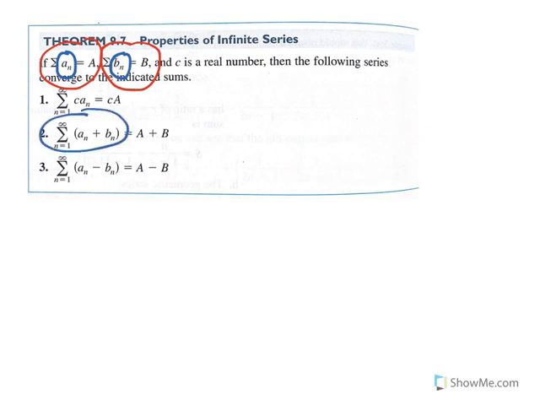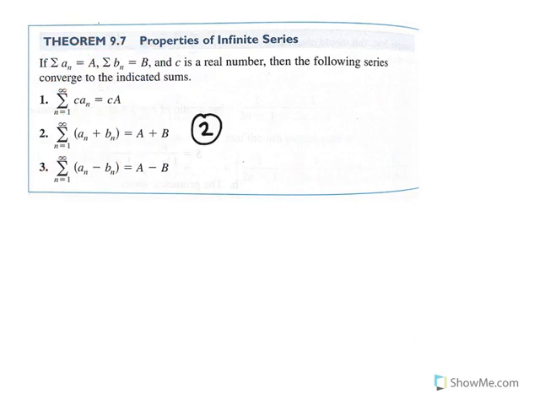And what this states is that the series that you have here for number 2 will also be convergent, and it will converge to the sum of A and B. And in number 3, you have a difference of two series, and that series will also converge, and it will converge to the difference of A and B.